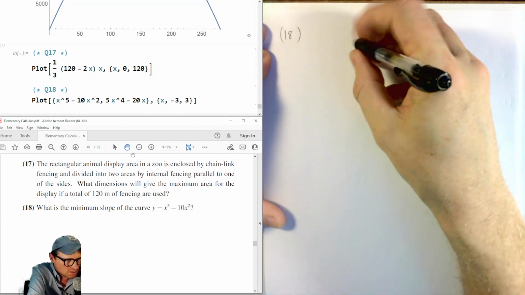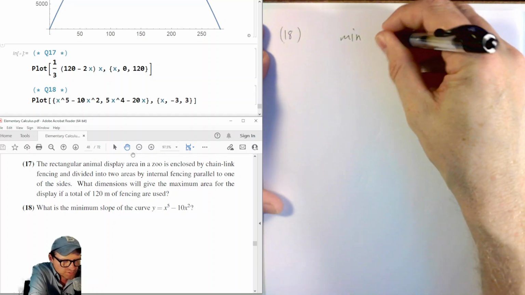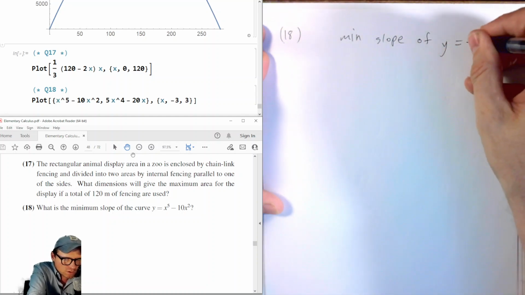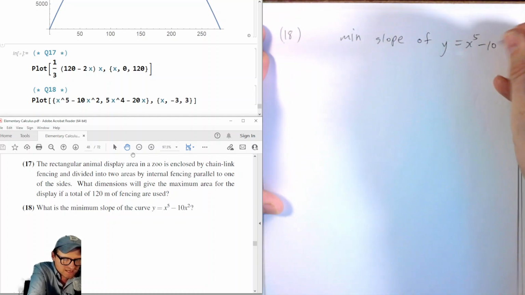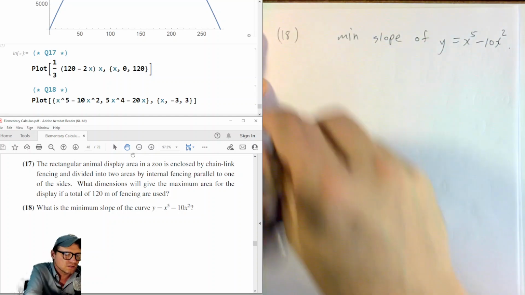Question 18. What's the minimum slope of y equals x to the 5th minus 10x squared? Okay, so what is the slope?